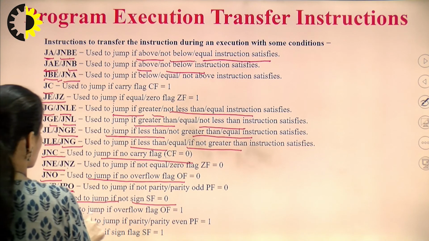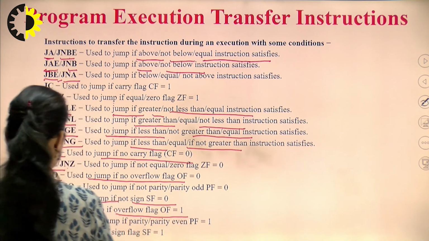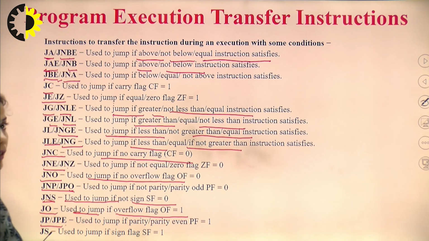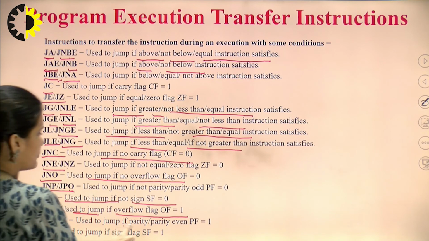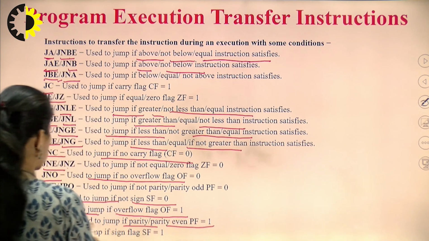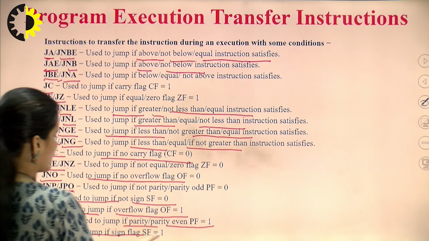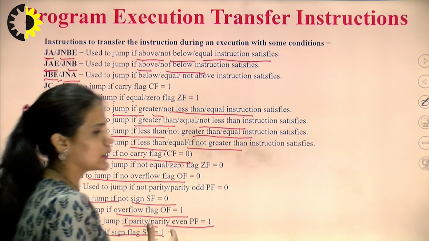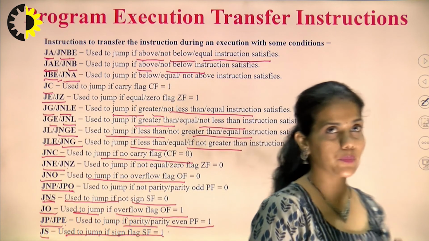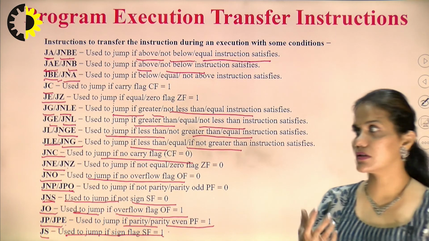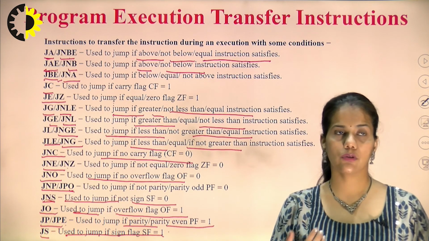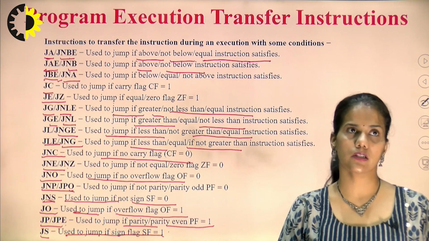JO is used to jump if overflow flag is set. JP and JPE mean jump if parity or parity even flag is set. JS is used to jump if sign flag is 1. So these are the conditional jump instructions, in which the jump is executed only if the given conditions are satisfied.